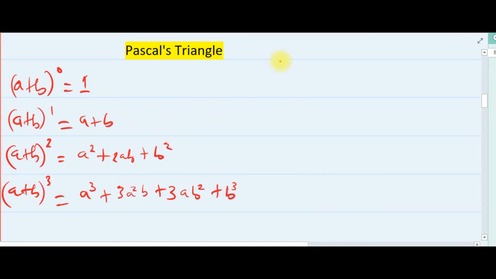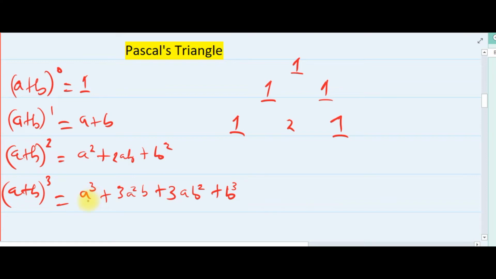So you notice that we seem to be forming a triangle here with the coefficients of the terms. From the first one, the coefficient is 1. The second one, the coefficients are 1, 1. The third one, we have 1, 2, and 1.